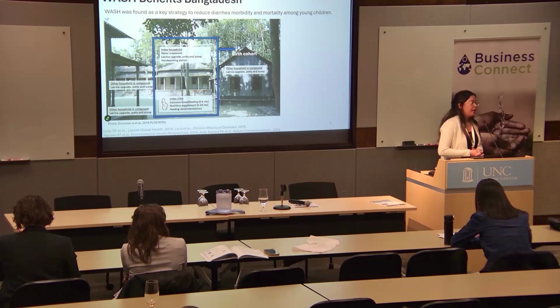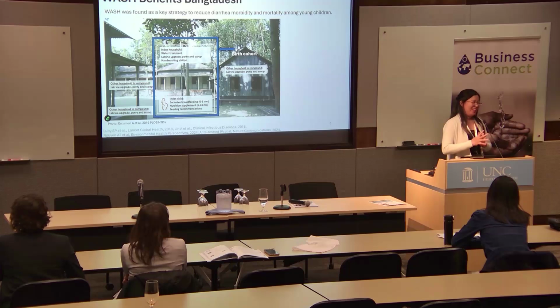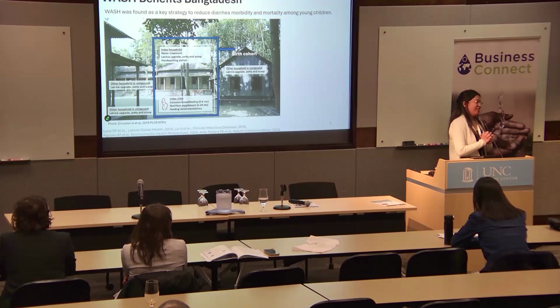And in terms of geography, this was done in 4 rural districts in Bangladesh. I don't know how to pronounce them, but 4 rural districts in Bangladesh, at the north central part of Bangladesh.